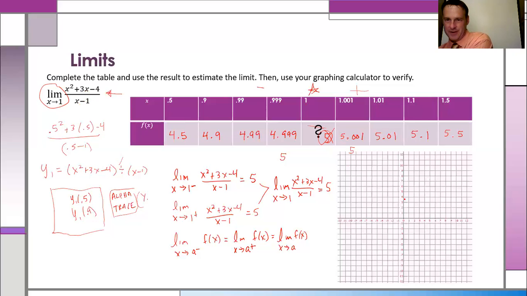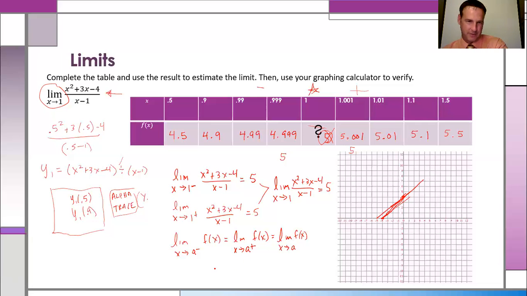Let me see if I can draw it. Here's this guy. Here's this guy. And I'm going to try to draw this well. Darn it. Oh, that's awful.